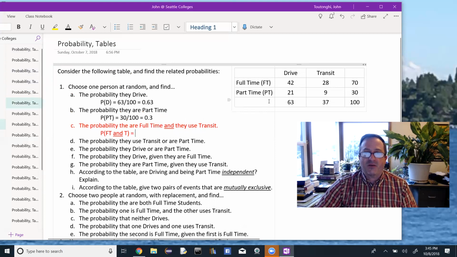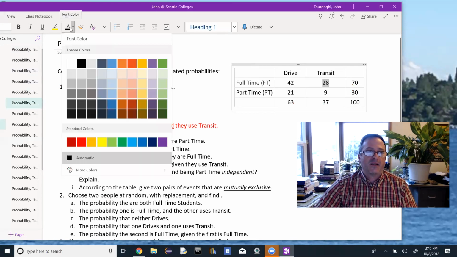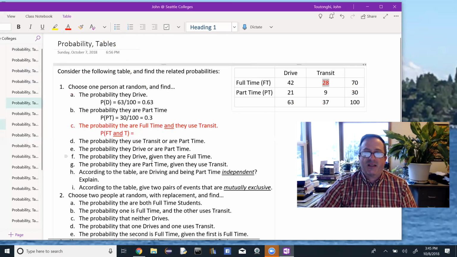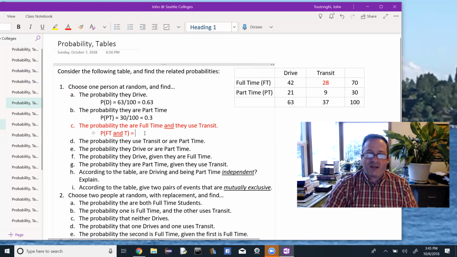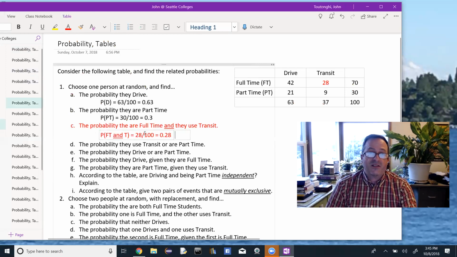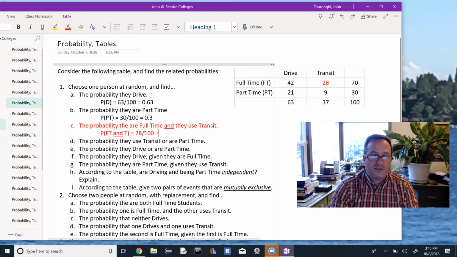We just think about which students are full-time and use transit. Well, it's these 28 students here who are both full-time and use transit. So the probability that they're both full-time and use transit is 28 out of 100. I could reduce that fraction or just represent it as a decimal, 0.28.